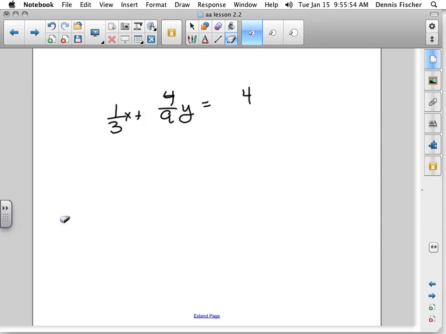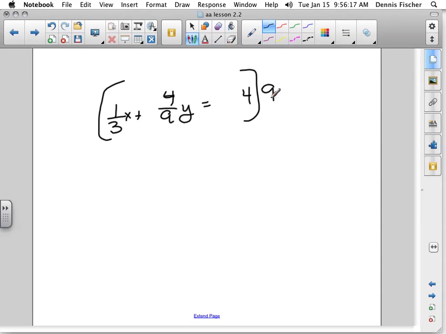Okay, here's my equation. Put it in standard form. Is x and y on one side? Yeah. Are fractions gone? No. So I have to get rid of fractions. What's my common denominator between 3 and 9?